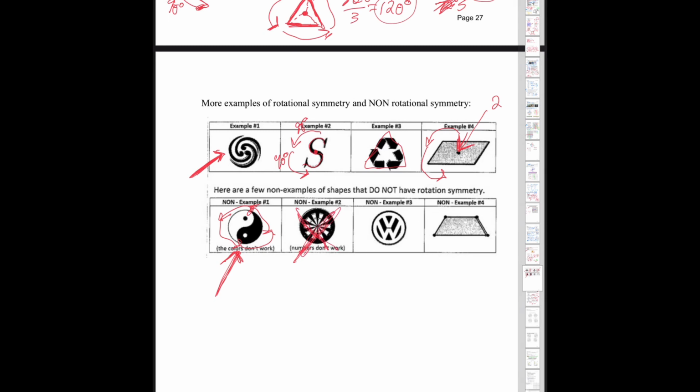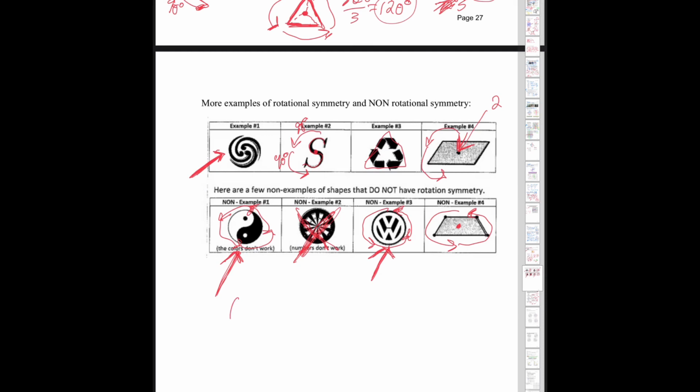This example is a little tough to see here, so I'm going to disregard this one. We already have discussed the Volkswagen logo. The Volkswagen logo can't be spun at any point before 360 and look the same. And then the same goes with the isosceles trapezoid or any trapezoid in general. We cannot spin this around before we get to 360 and have it look the same.